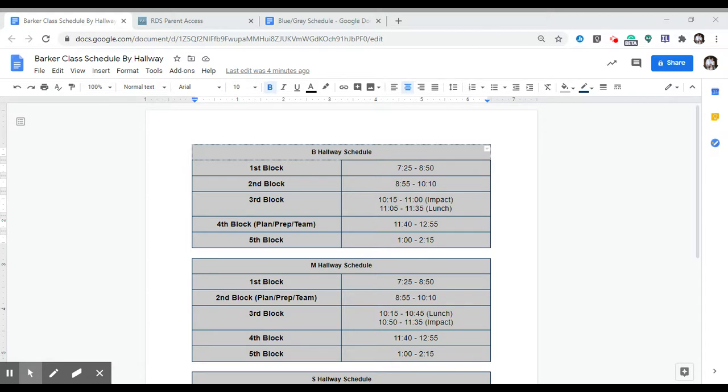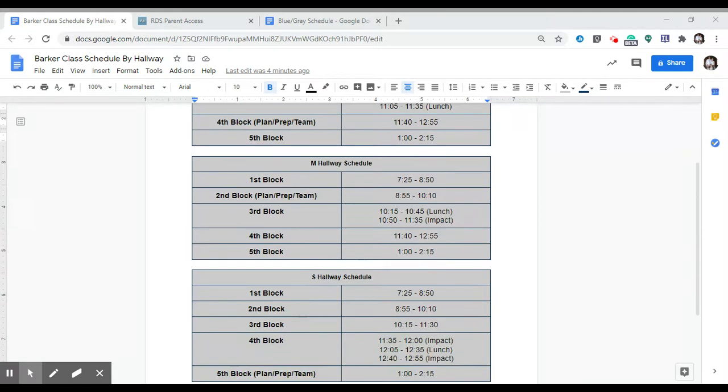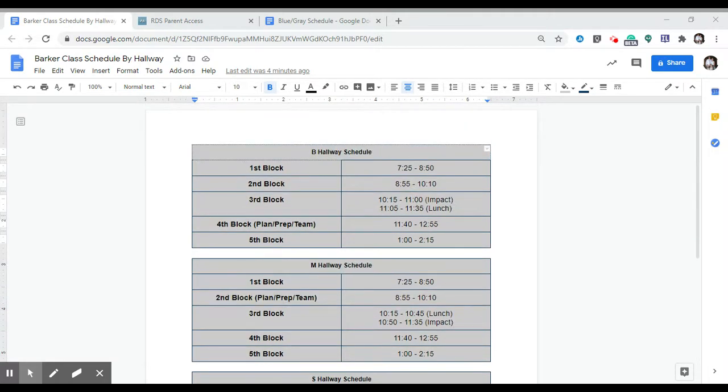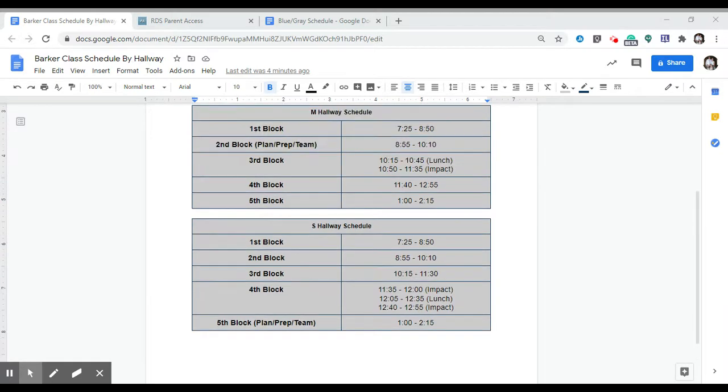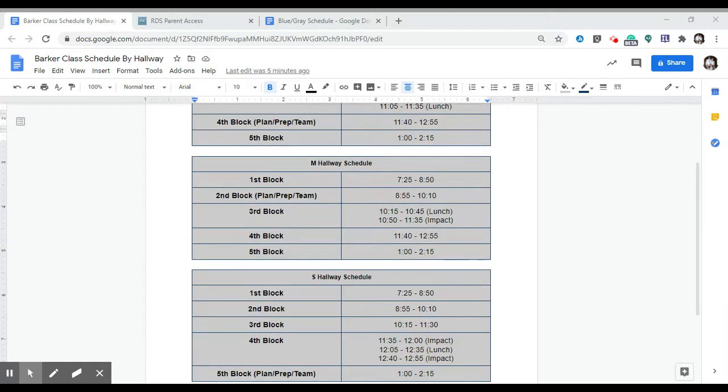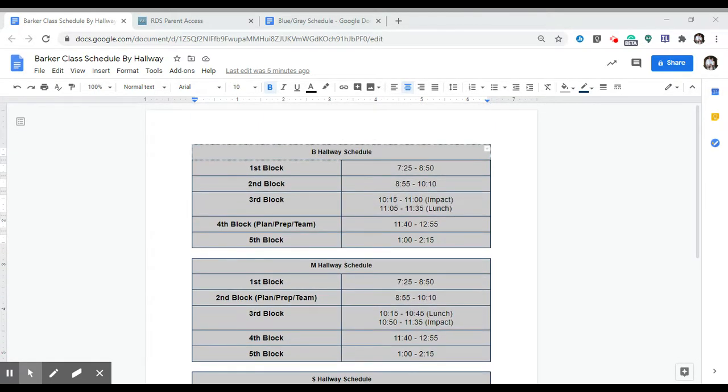I think it's important to understand why we're having this problem. On a typical day in a traditional setting, we have 3 different lunches and 3 different impact times. Depending on which hallway your student is in, they would have a different lunch or different impact. Obviously, we don't want all of our students in the lunchroom at the same time, and it just makes it easier for everybody to have 3 different schedules.